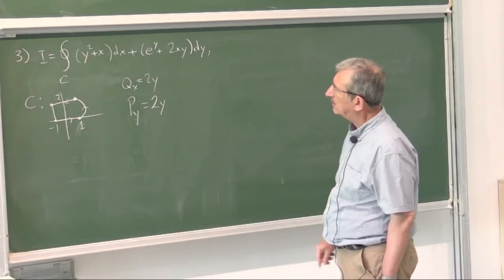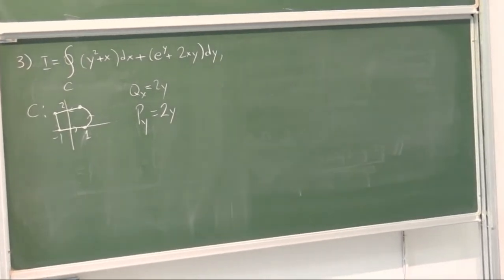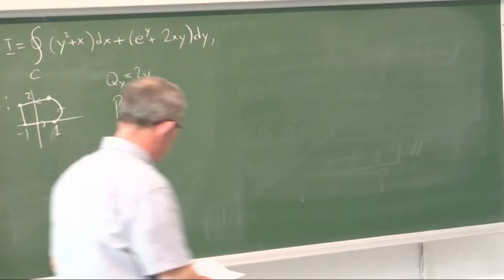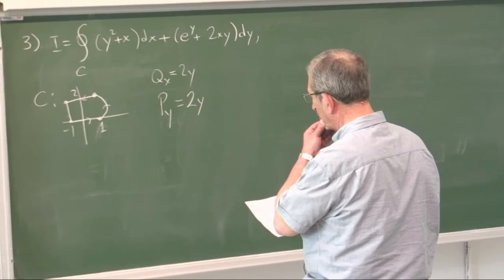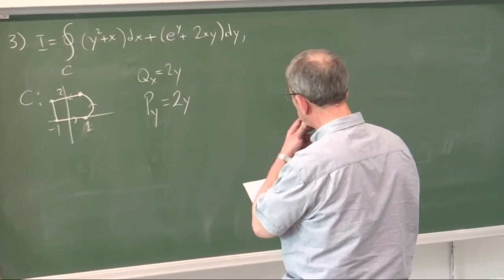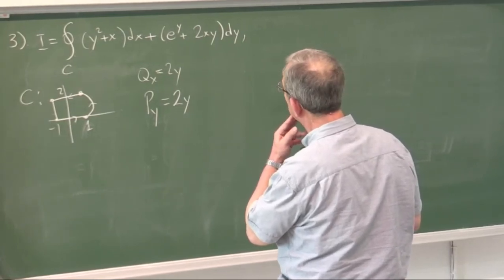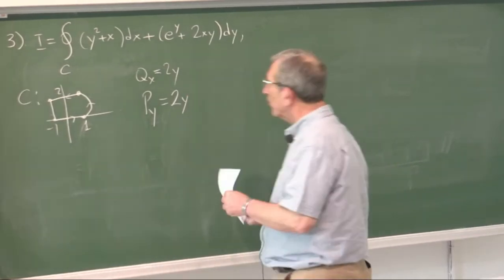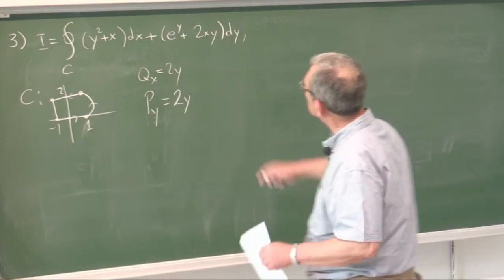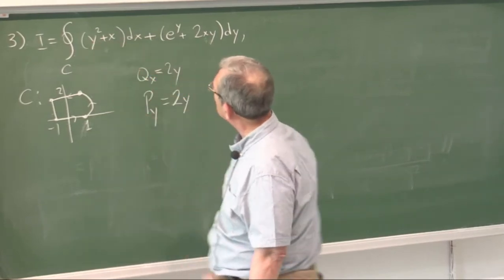Well, all this says that, let me check this. I can change this a little bit though. Right, maybe I should next time. So this tells me that the derivative with respect to x would be 2y here. The derivative with respect to y here would be 2y.